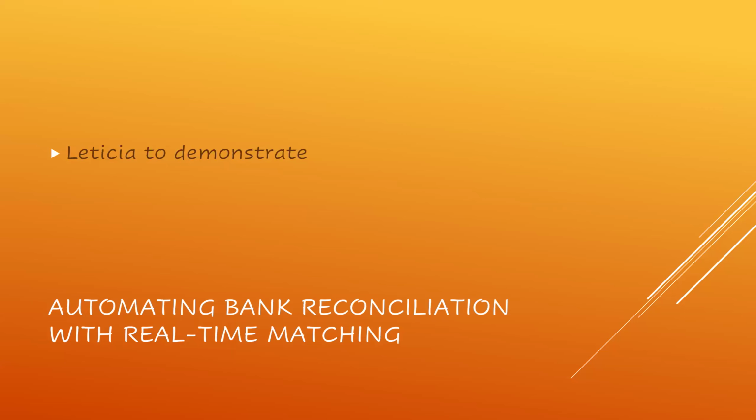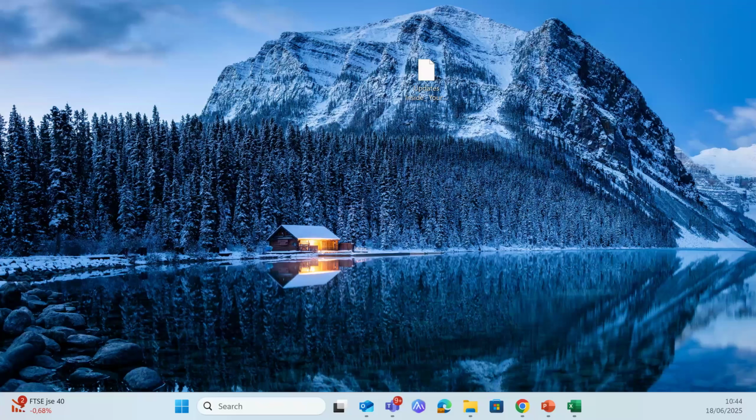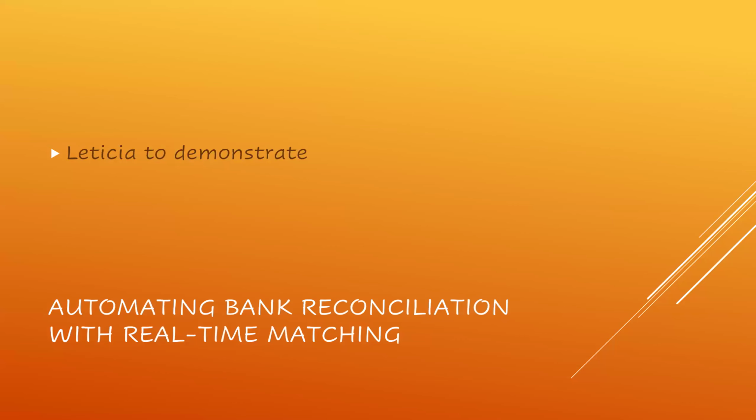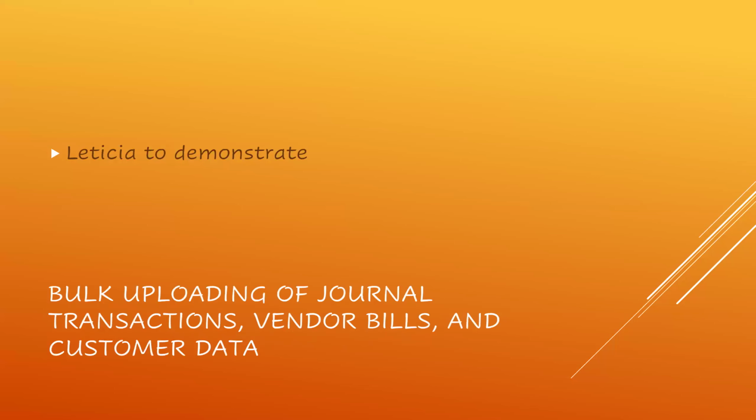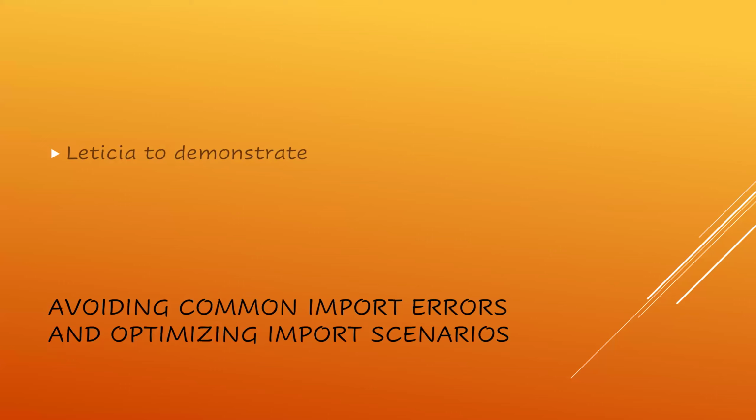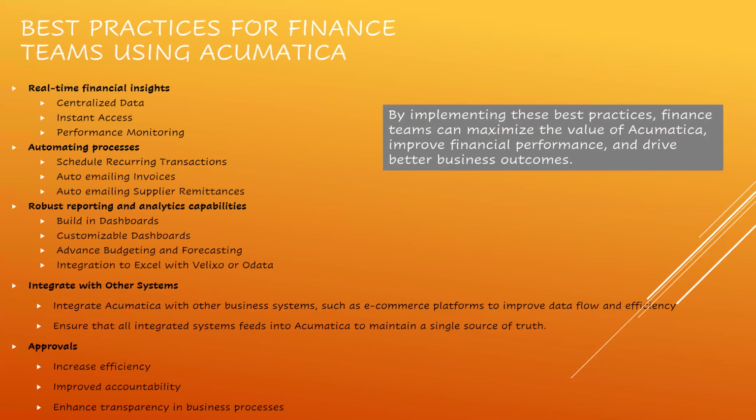Sorry, I'm just looking for my presentation here. There it goes. Okay, so we've done the automatic bank reconciliation with real-time matching. We've done some bulk uploading of journals. We didn't do the vendor bills, but it works exactly the same as the customer data or the journals. We avoided common import errors and optimized our import scenario. And then the last one is best practice for finance teams using Acumatica.